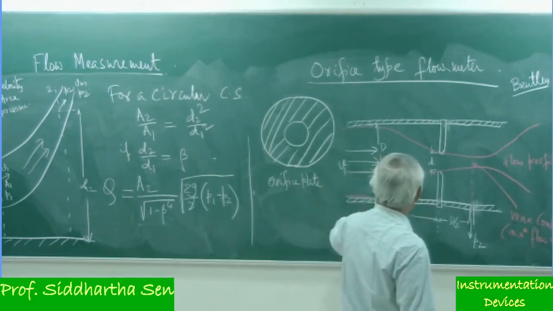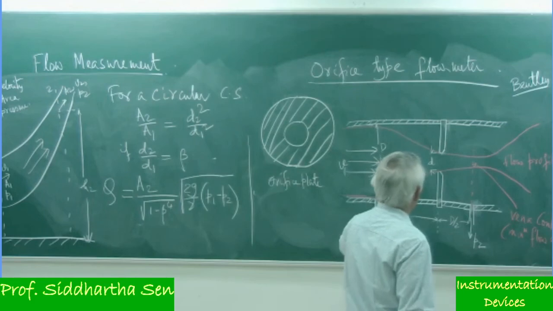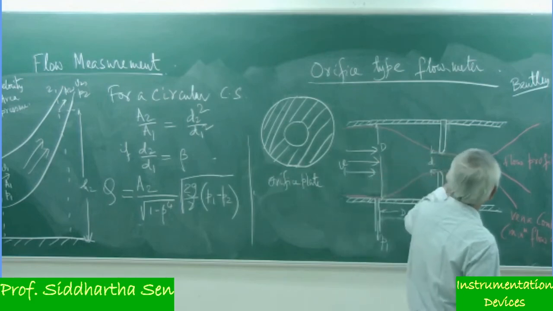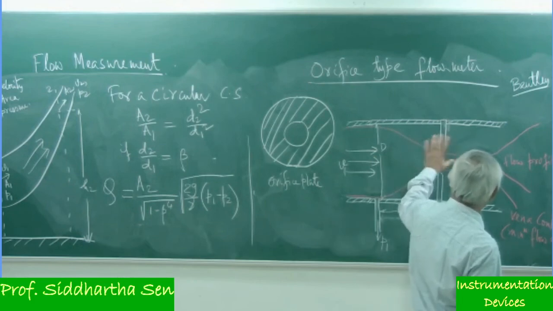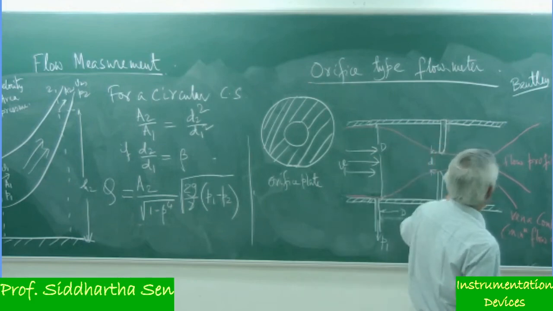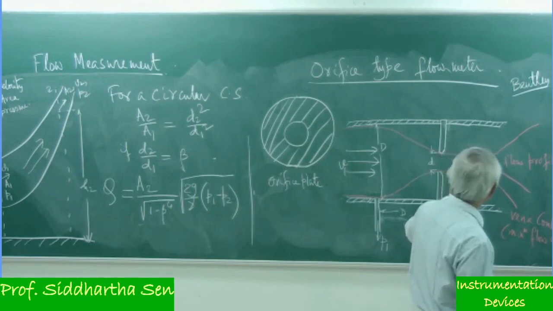So why we try to put the tappings at a distance approximately d here and d by 2 here. Of course, it depends upon the design of the orifice, but approximately I am telling, and those details you can see in Bentley's book or any other book.